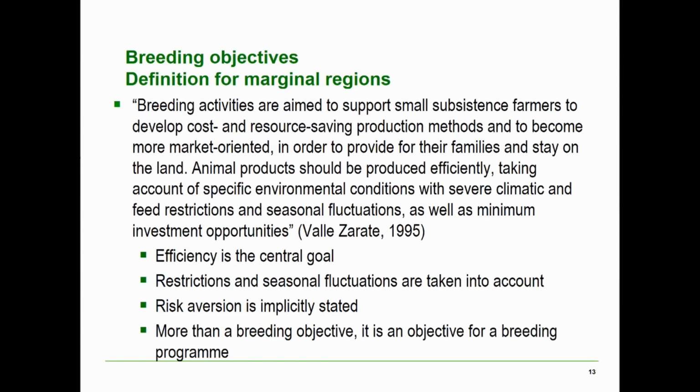So just to have a few bullet points on this as well, in terms of analysis, here the efficiency is the central goal. The restrictions and seasonal fluctuations are taken into account. There is a risk aversion aspect to the breeding goal, and the whole thing is really more than a breeding objective; it is an objective for a breeding program.